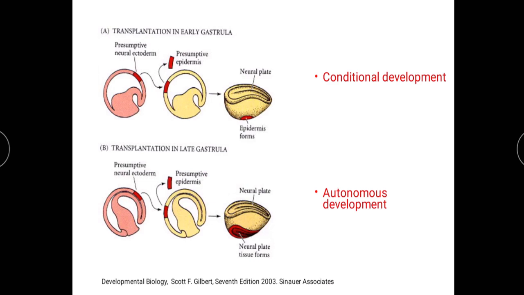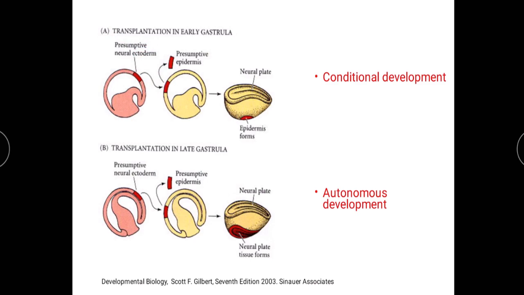While demonstrating this, he transferred pieces of gastrula between gastrulas of two different species. He found that when he transferred the presumptive neural ectoderm, presumptive meaning futuristic, these cells are not neural ectoderm cells at present, but they are going to form the neural ectoderm cells.